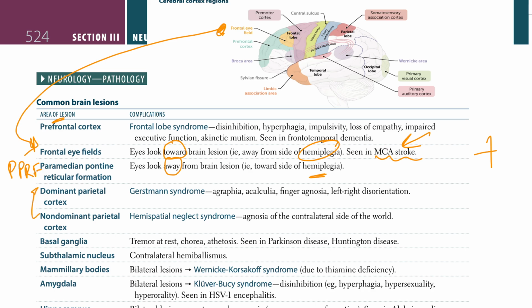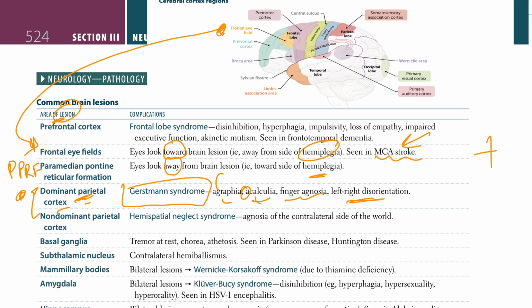Okay. Then let's talk about dominant and non-dominant parietal cortex. If there's a lesion in the dominant side of the parietal cortex, you get something called Gerstmann syndrome, which is agraphia, acalculia, finger agnosia, and left-right disorientation. Agraphia is the inability to write. Acalculia means they can't calculate.